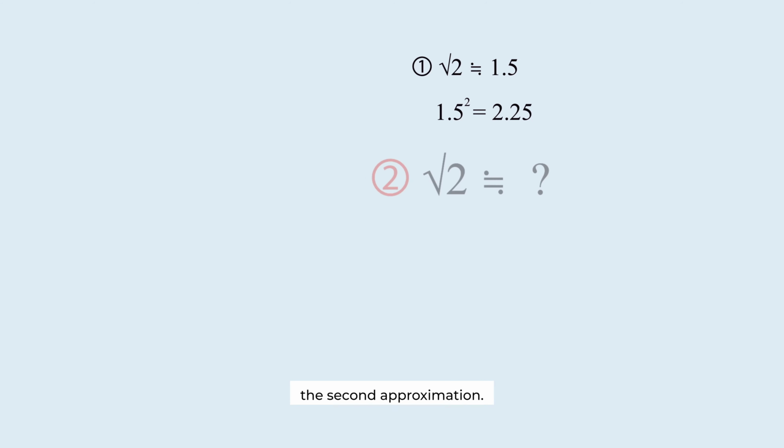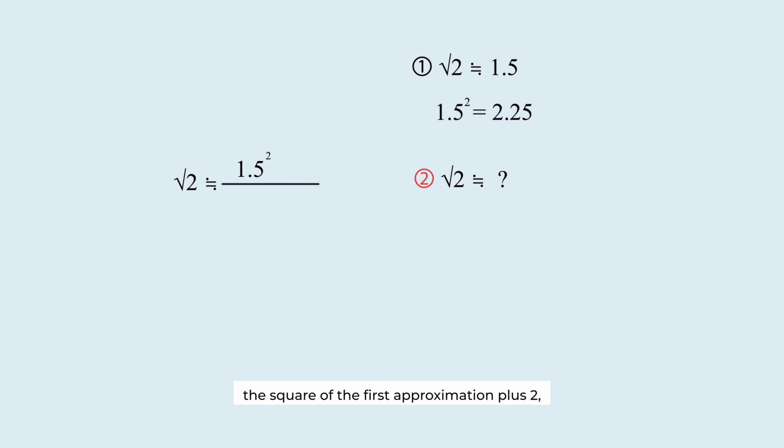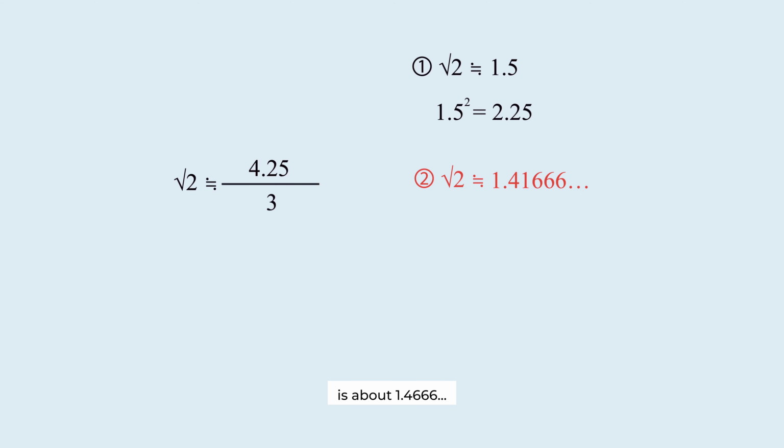Let's calculate the second approximation. The numerator is the square of the first approximation plus 2, which is 4.25. The denominator is the first approximation times 2, which is 3. The second approximation is about 1.41666. The square of this value is as follows.